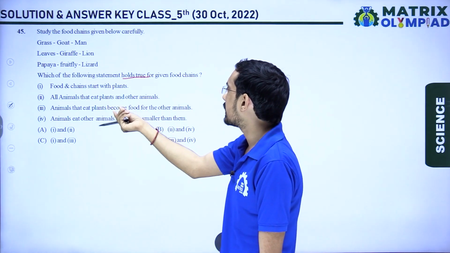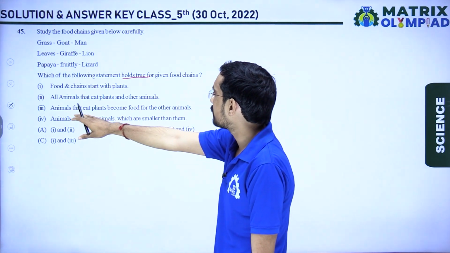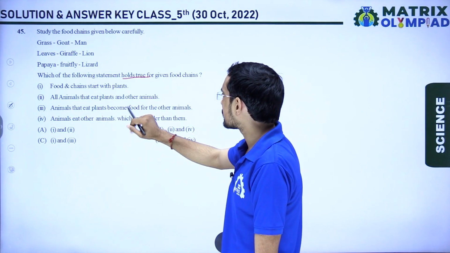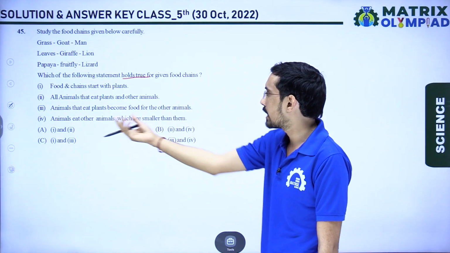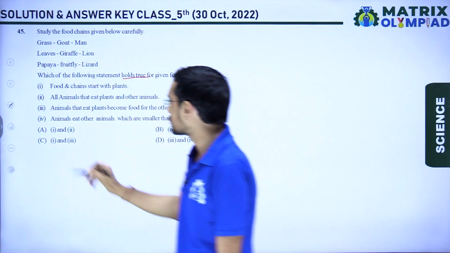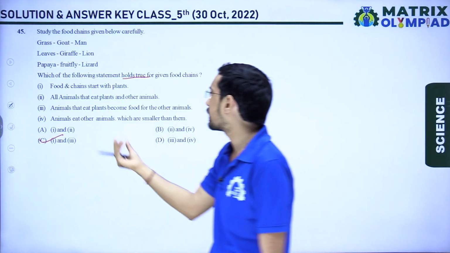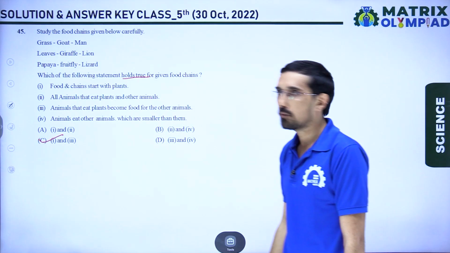It is a false statement. Next is animals that eat plants become food for the other animals. It will be correct. Animals eat other animals which are smaller than them. So most appropriate our option will be C. First and third are correct for the food chain, and the rest of these are false for that.